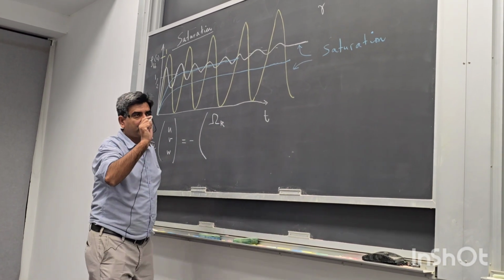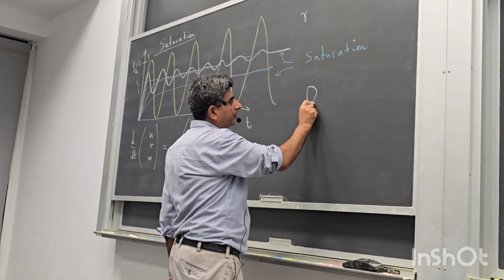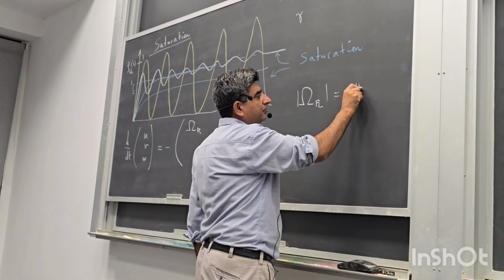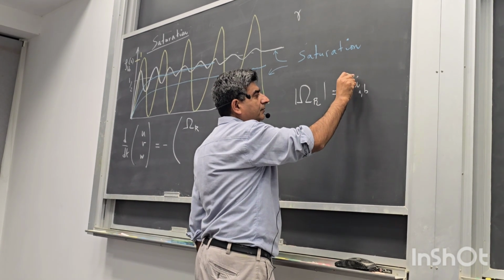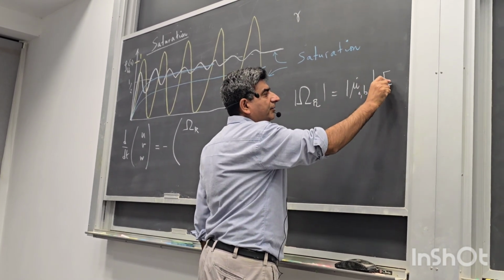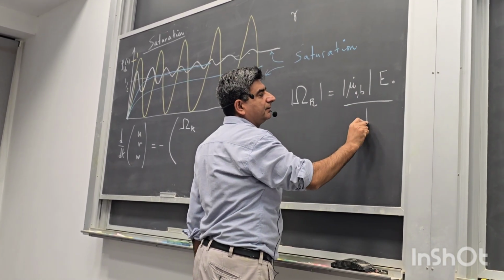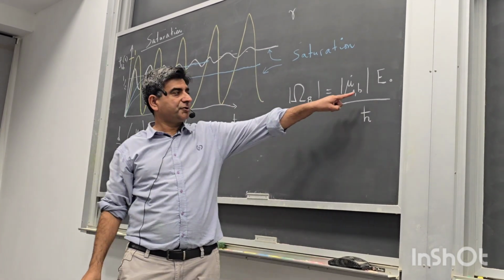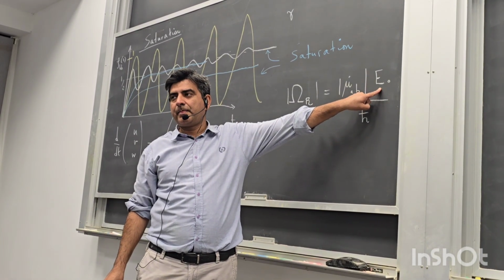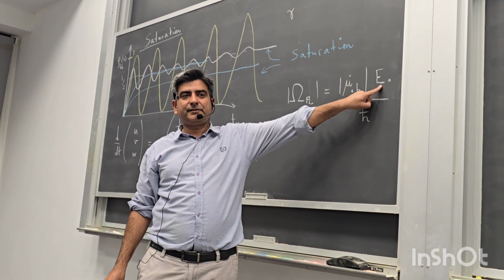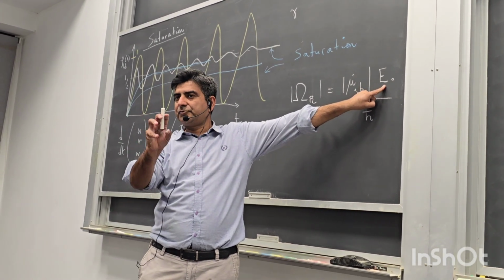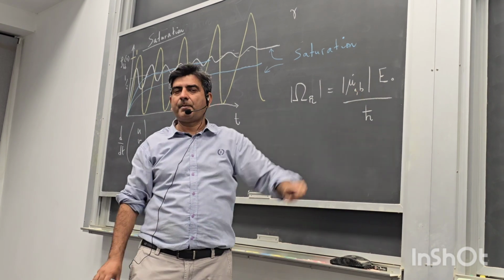the Rabi frequency. Remember always that the Rabi frequency omega r is given by mu AB E naught over h bar. Correct? So the Rabi frequency is proportional to the electric field. And the electric field determines the intensity of the light beam that is shone onto the atoms.